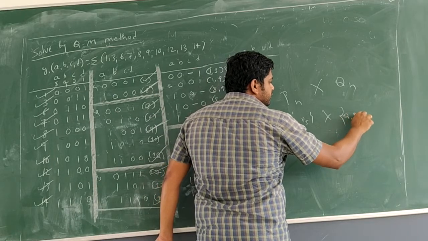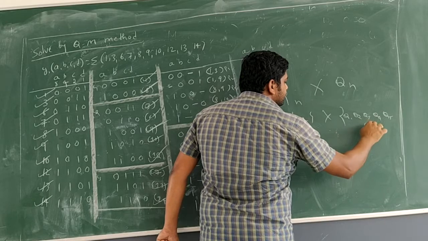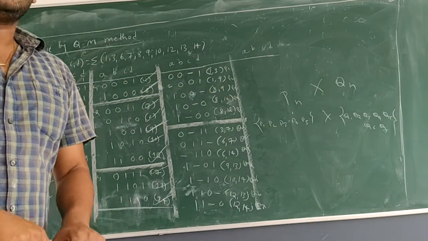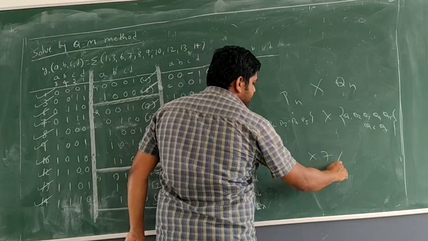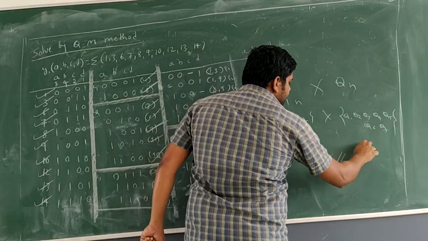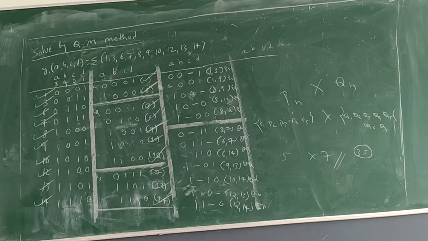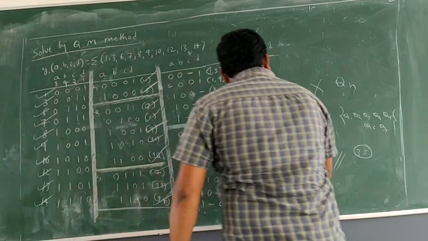See, one side 5, one side 7. So totally we have to think about 35 combinations. Okay, 35 combinations. It will take a time.